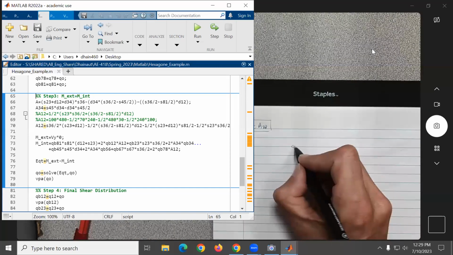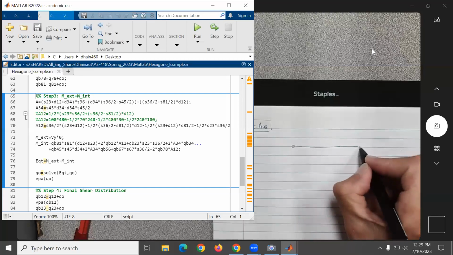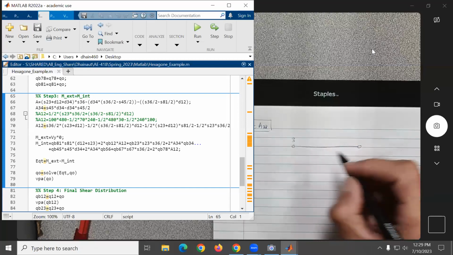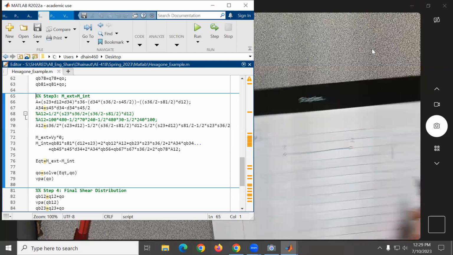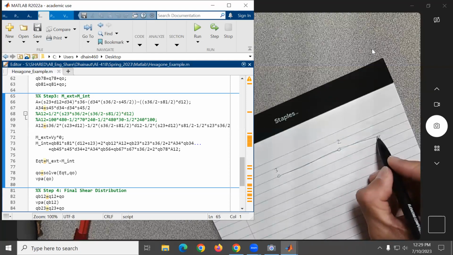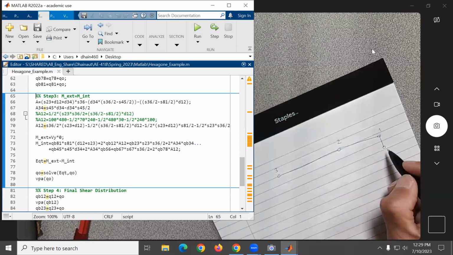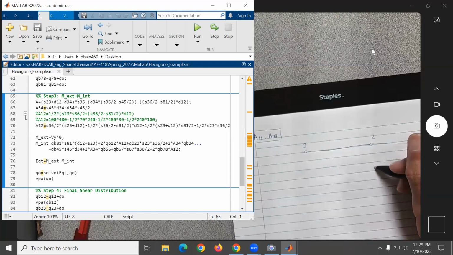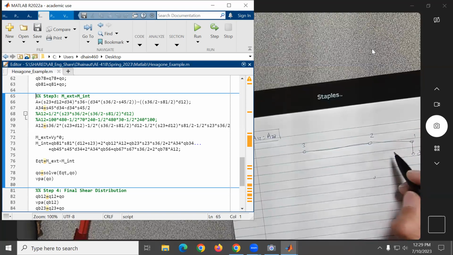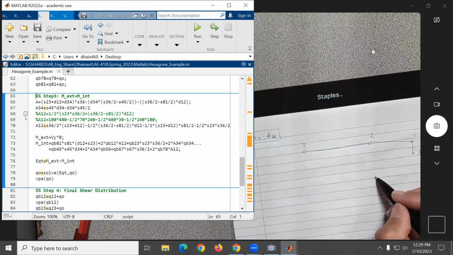So we have here 3 to 2, 1, 8, 1, 2 here, 1, 2, 1, 2 here. Is that correct?